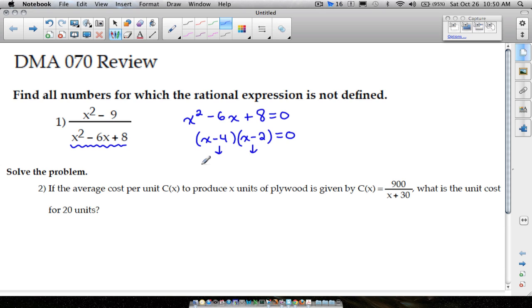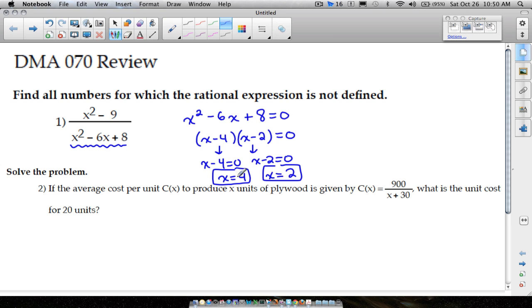Set each factor equal to 0, so x minus 4 equals 0, x minus 2 equals 0, and solving these two equations very quickly, we add 4 to both sides, so x equals 4, and adding 2 to both sides, we get x equals 2. These are the only two values that make this rational expression undefined.